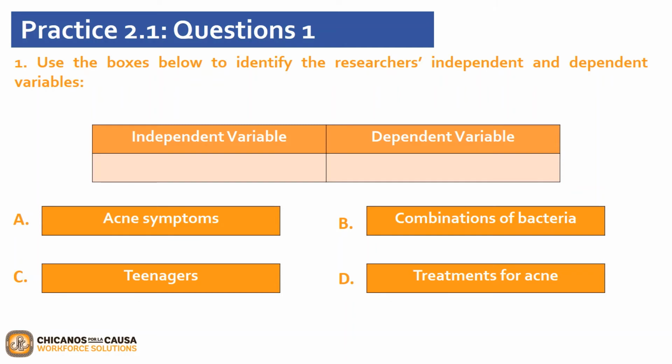Now, let's look at our first options. We have option A, acne symptoms. Option B, combinations of bacteria. Option C, teenagers. And option D, treatments for acne. Out of these options, which is considered the independent variable?